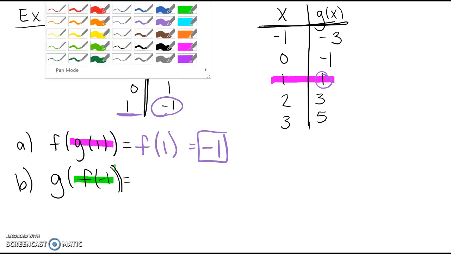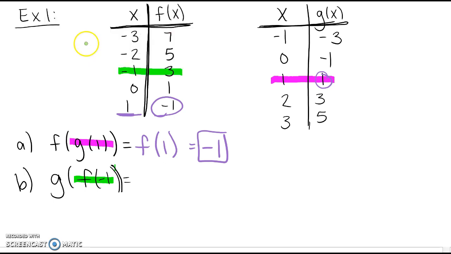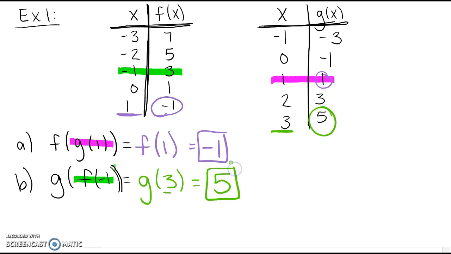In this case, it is 3. So this simplifies to G of 3. Now I'm going to go, okay, when X is positive 3, what is Y? In this case, it's 5. So G of F of negative 1 is positive 5.